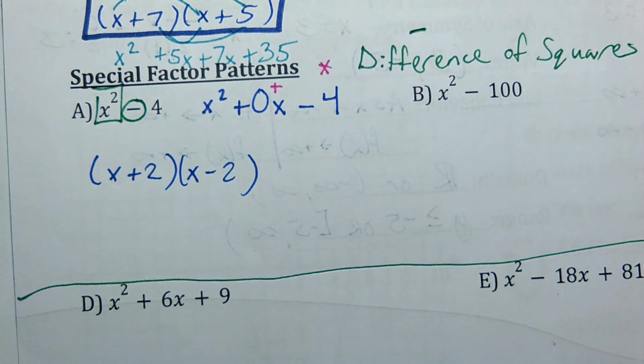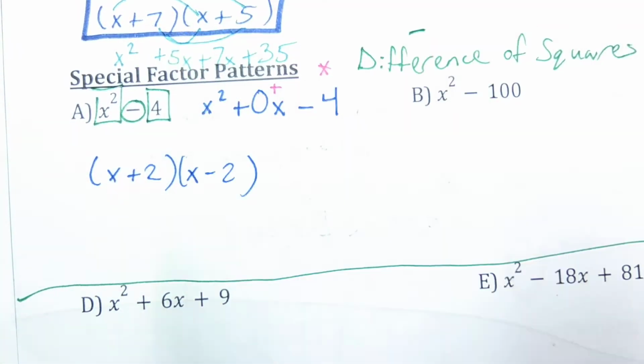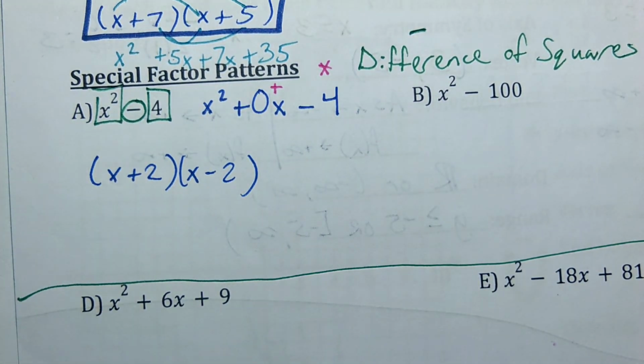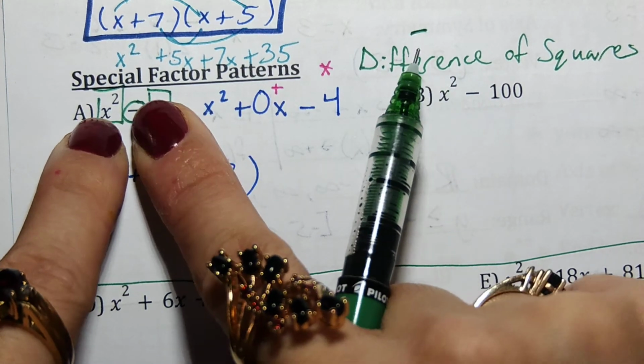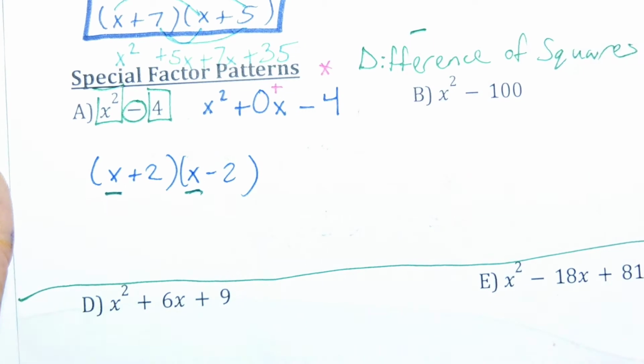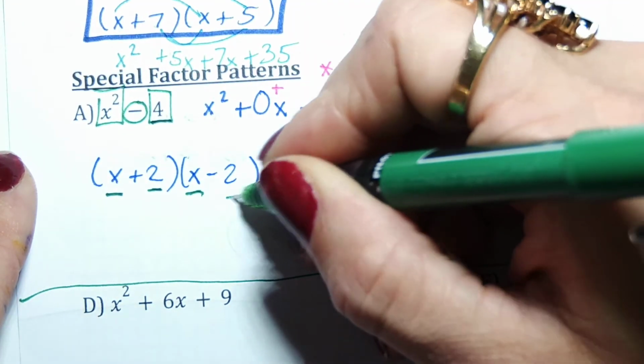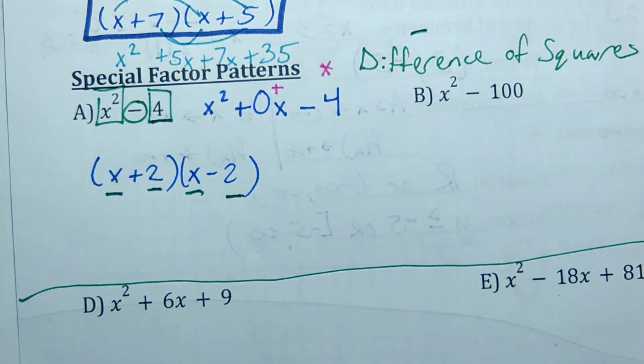It is, because x times x gives me x squared. 4 is also a perfect square because 2 times 2 gives me 4. So once we identify it as difference of squares, we can take the perfect square factors of the first item, the perfect square factors of the second item, and then the signs in between are a plus and a minus.